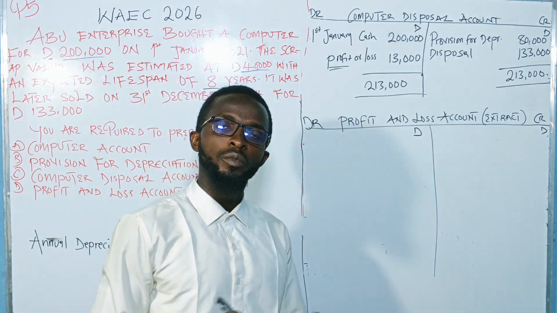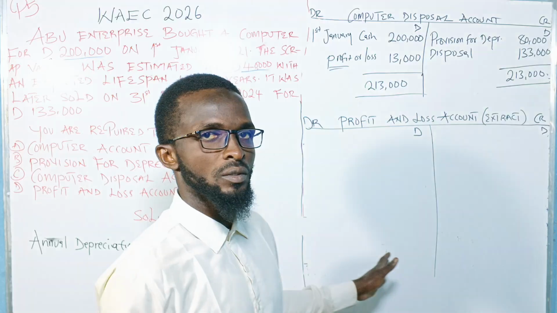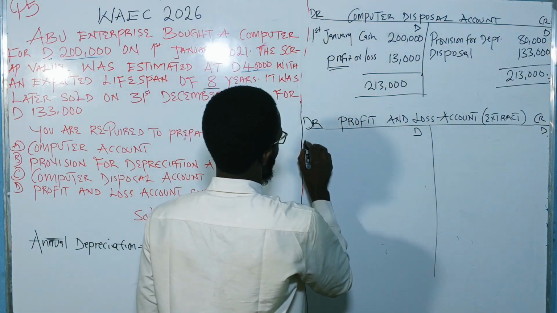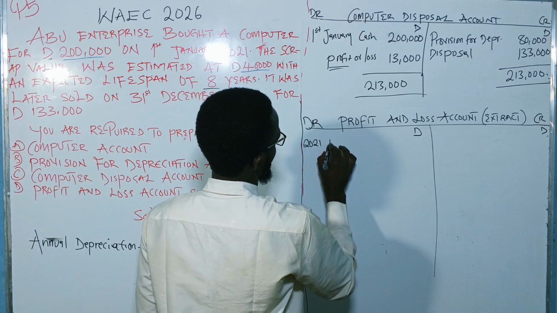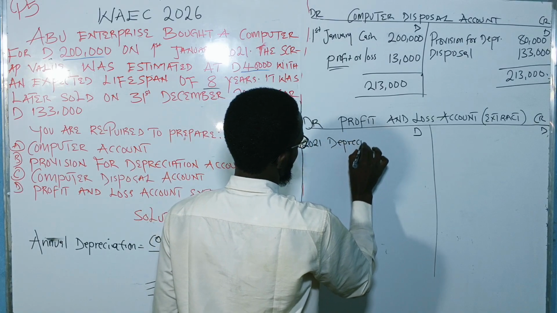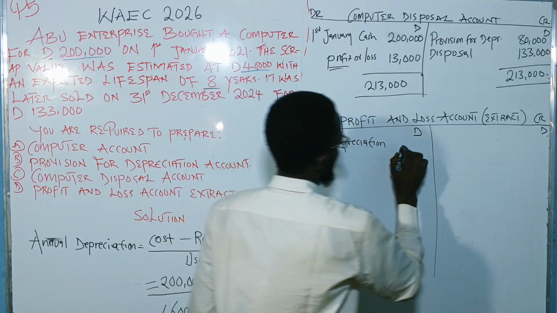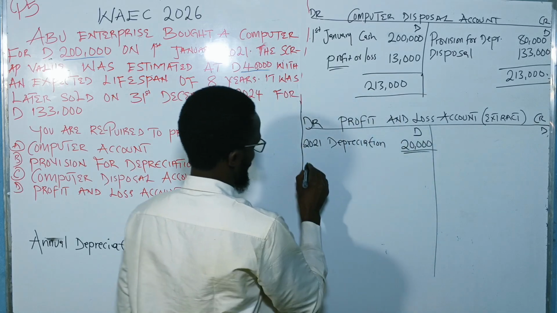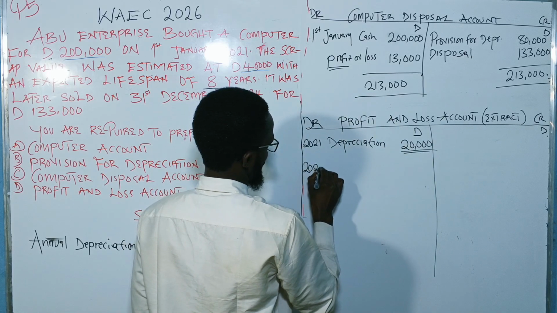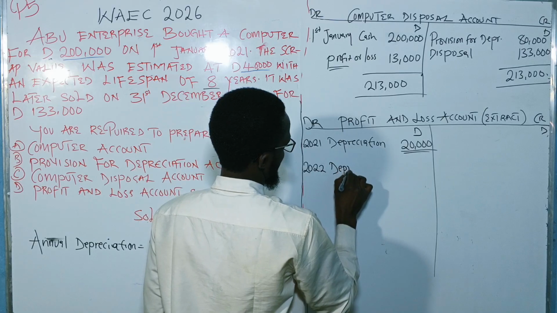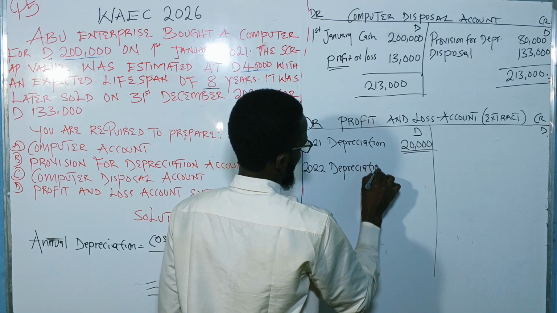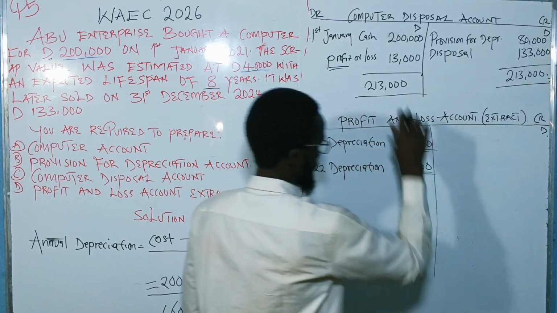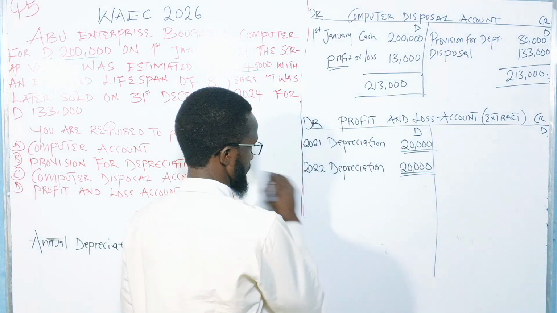So here is just our normal profit and loss account. Debit expenses, credit the incomes. Let's start. 2021 depreciation, 20,000. We are done with this. 2022 depreciation, 20,000, because we charge 20,000 throughout the period.